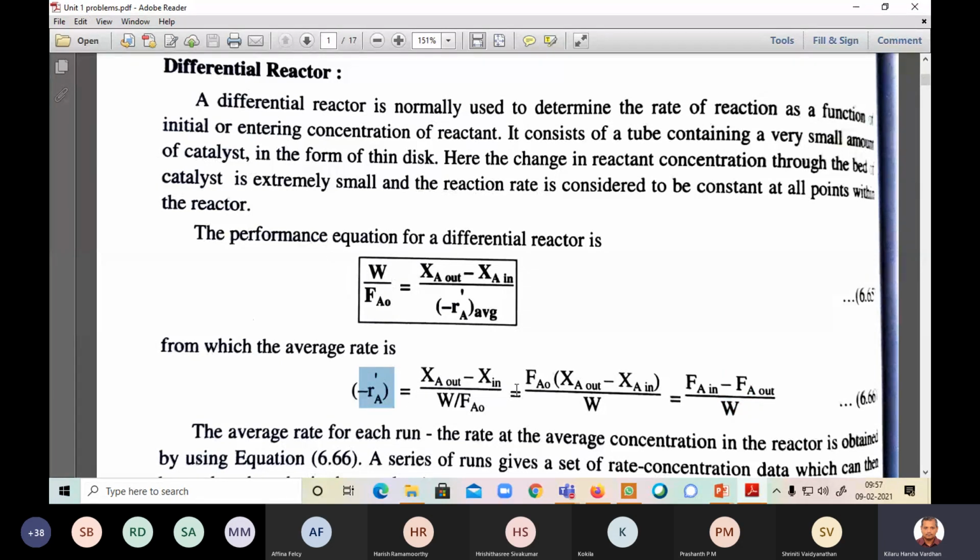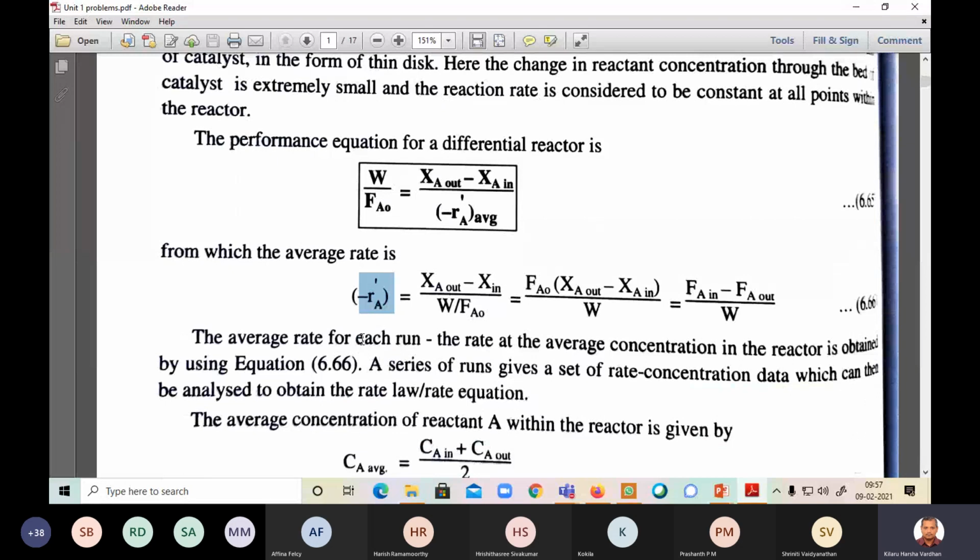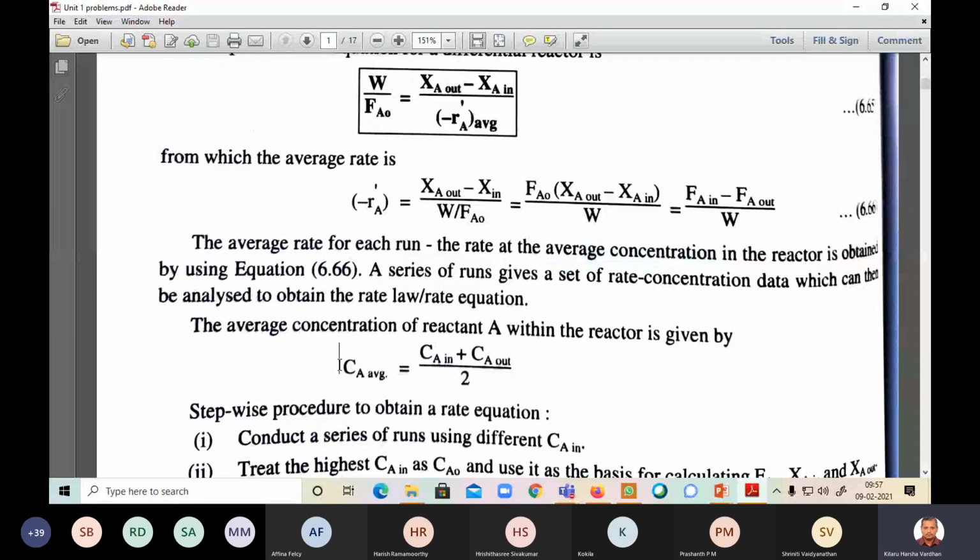One important thing is that since we are using an average rate, it will correspond to the average concentration. How do we calculate the average concentration? Ca average is nothing but Ca in plus Ca out divided by 2, because there is not much change between Ca in and Ca out.